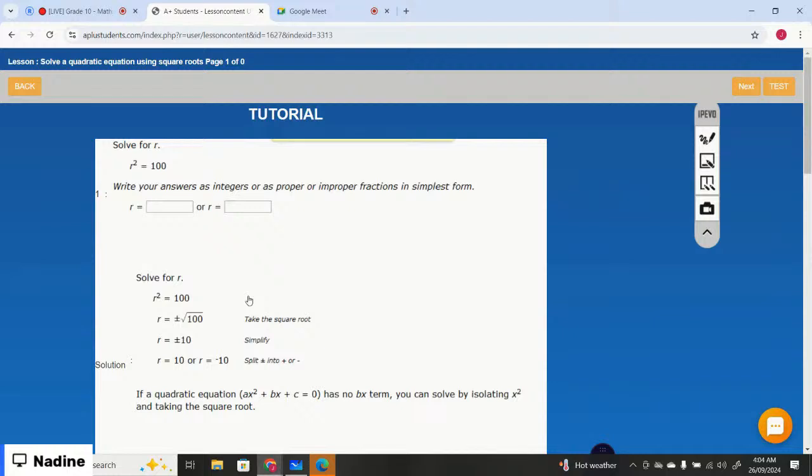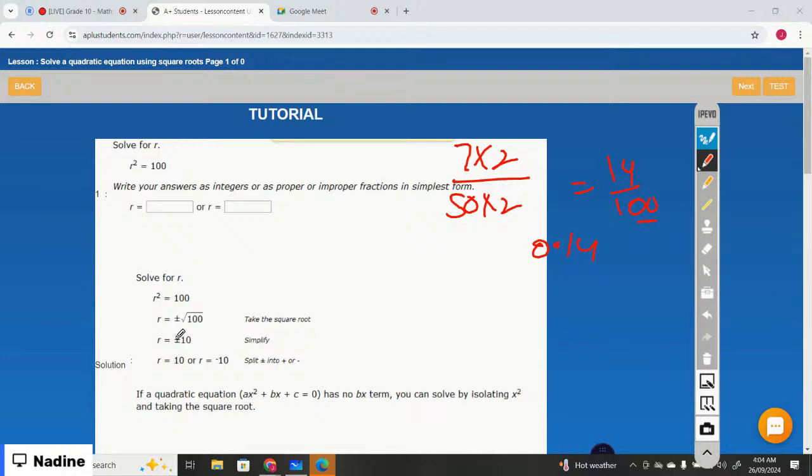You need to find the value of r only, right? So you need to take the square root of both sides, that is square root of 100. 10 times 10 is 100, so r equals plus or minus 10.